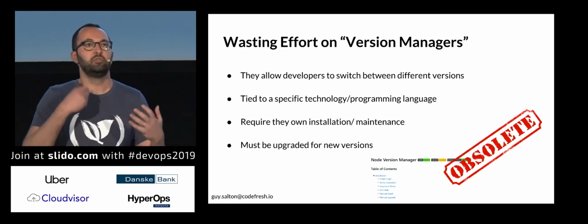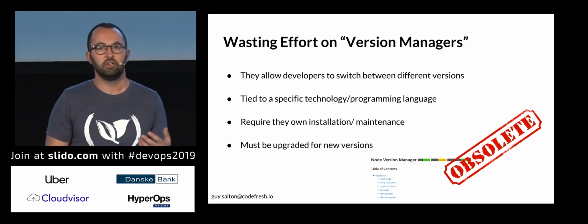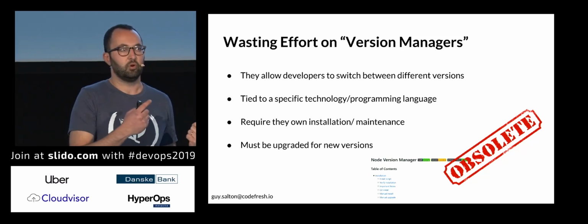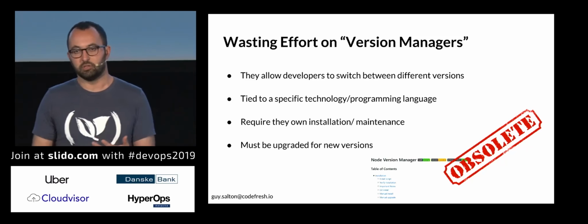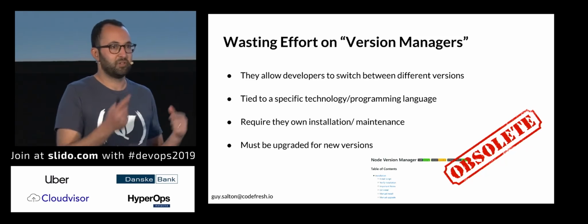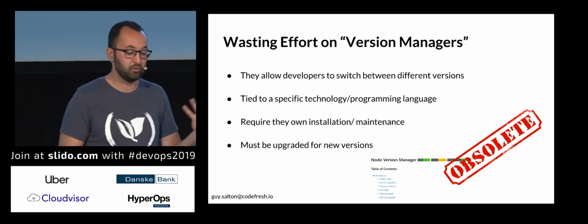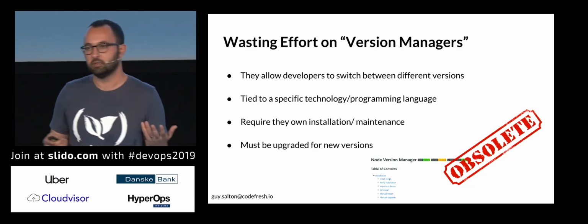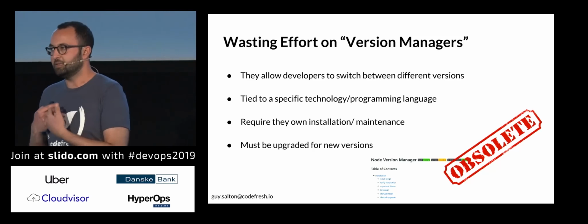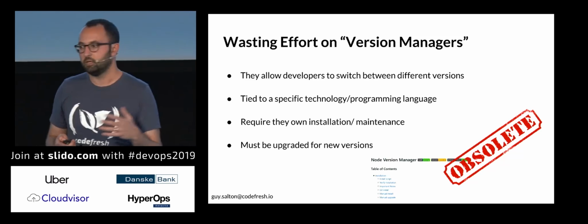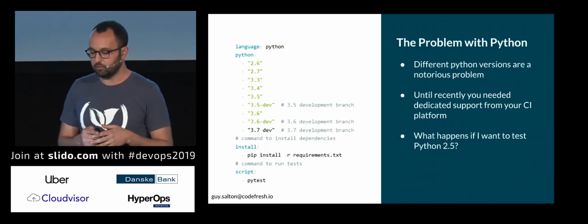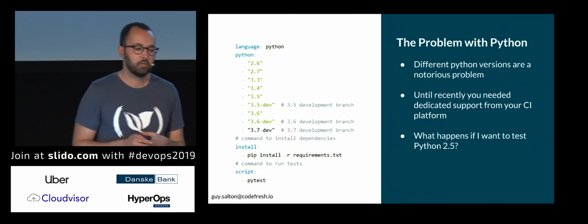But let's say a new version of Python is now released. You don't need to update only the Python version on the build node. You also have to update the version of the version manager because it will not automatically support new versions. So again, we can just eliminate this whole problem in the first place by using containers.